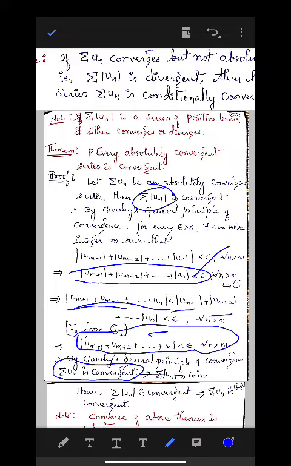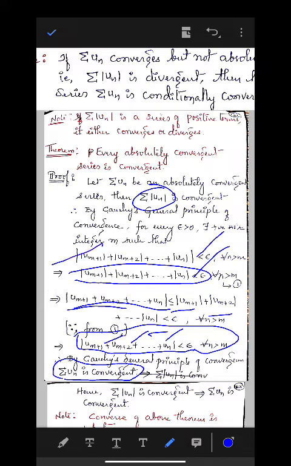What we have taken? Modulus of u_{n+1} and modulus of u_{n+2} and so on plus modulus of un is less than epsilon we have taken, and what we have shown, modulus of u_{n+1} plus modulus of u_{n+2} plus and so on, modulus of u_{n+p}, is less than epsilon for every n greater than or equal to m we have shown. So that means what?